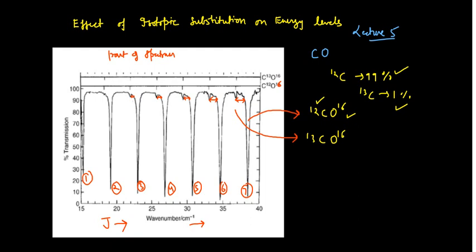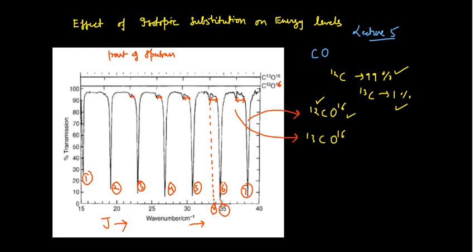Okay. And another very important thing which you can notice here. See, if you extend this line downward somewhere here, so this line is having the energy corresponding to this wave number, while this is having the energy corresponding to this number. What is the meaning of that?